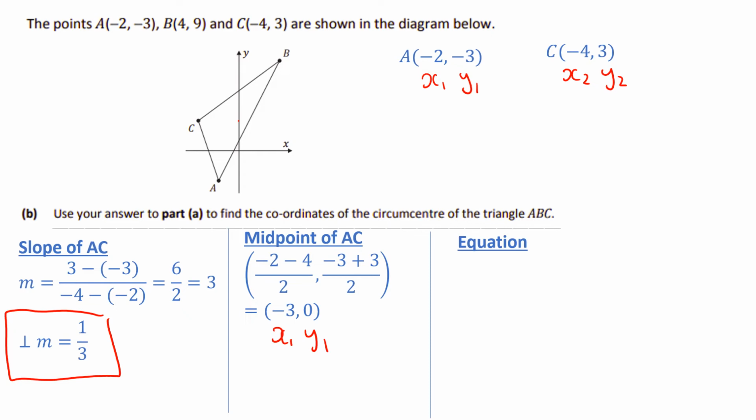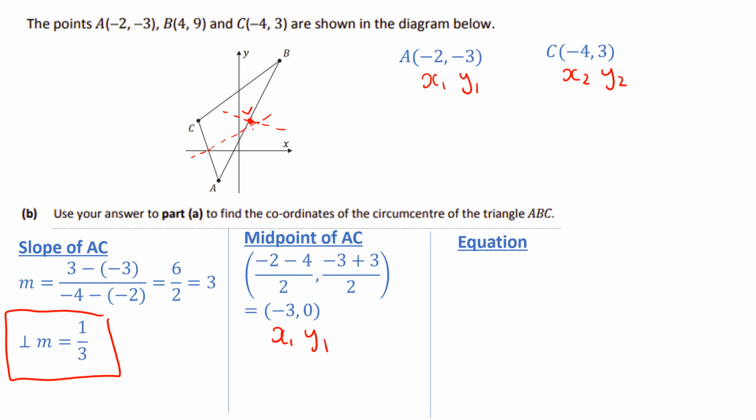So if you can picture what we're doing here, we get the midpoint, say the midpoint is there, and the line goes through the midpoint so that it is perpendicular. That's the line we're looking for, and we'll have drawn that in, and then we're trying to find where these lines meet.